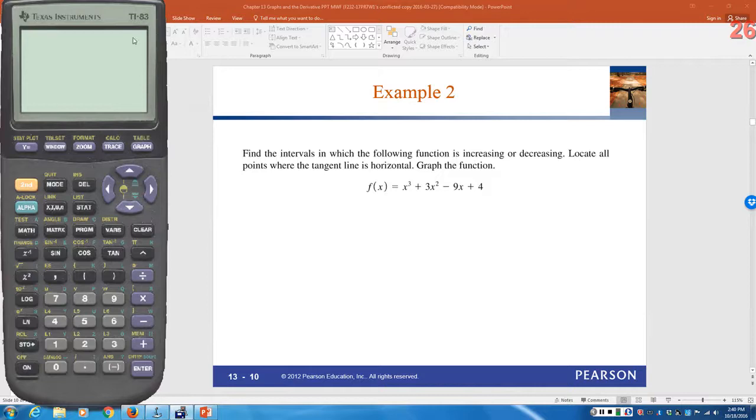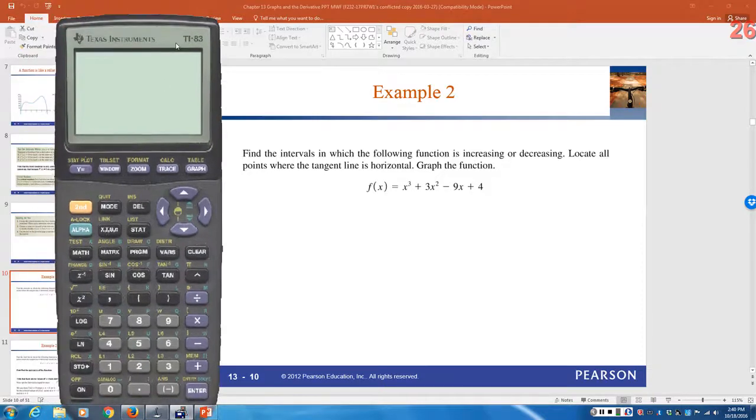We're going to get the calculator and we're going to enter the function. We're not necessarily going to graph it to start with, because we want to find out all the places where the tangent line is horizontal, which means we need to find the critical values of this function.